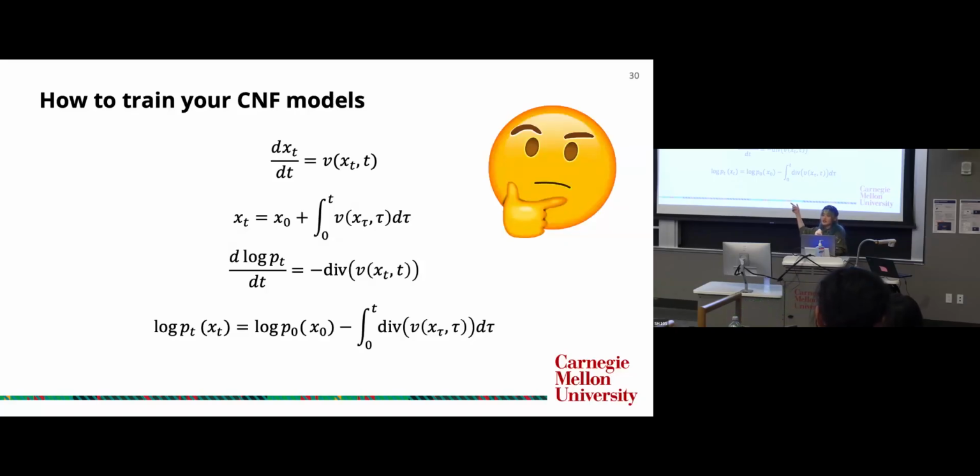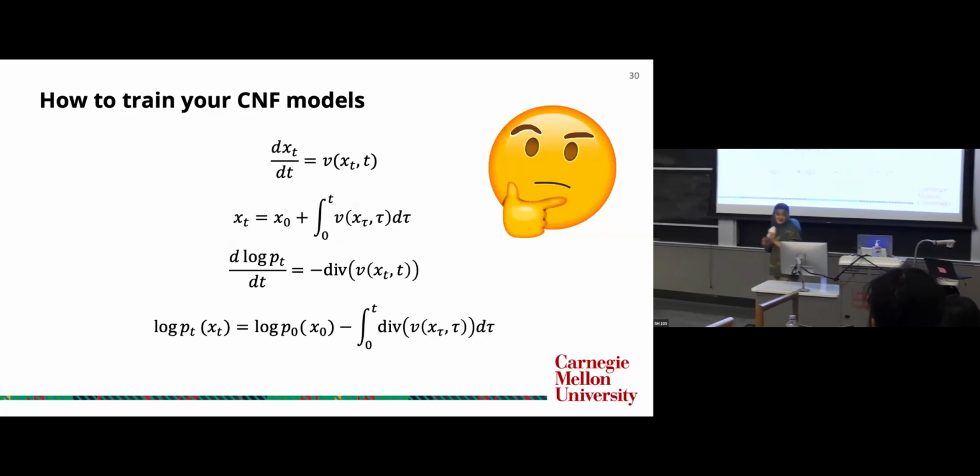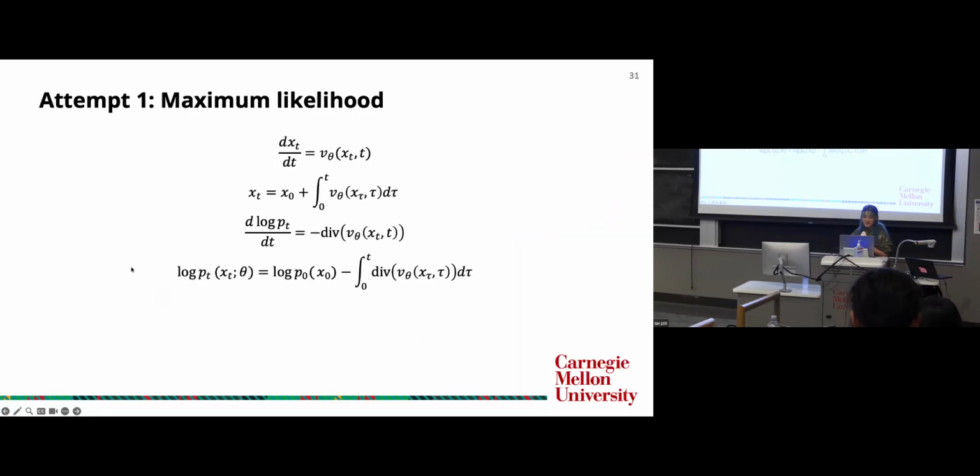What do we think? For real? I feel like we should know. Jumping ahead. Now we have a formula for the log likelihood. The most naive thing to think of, right, is maximum log likelihood.